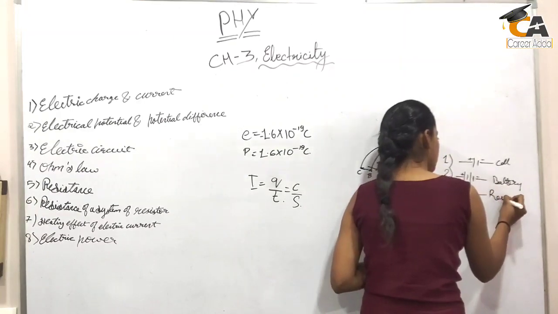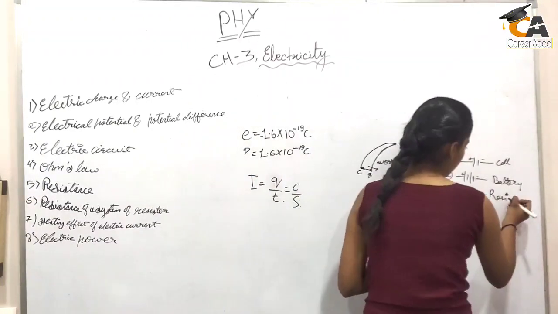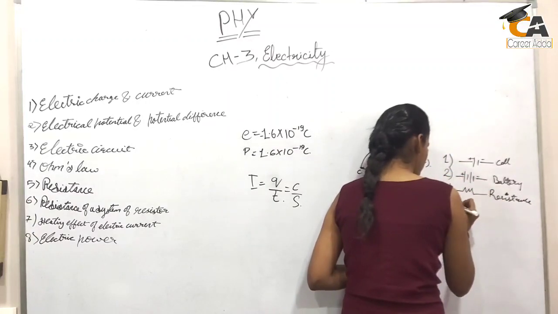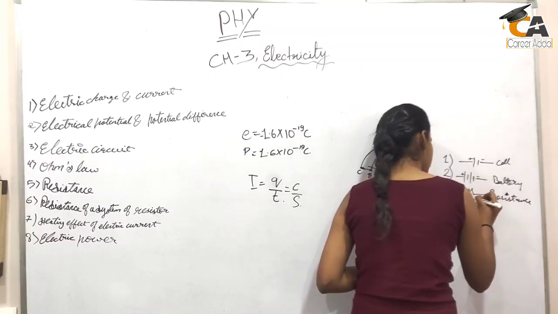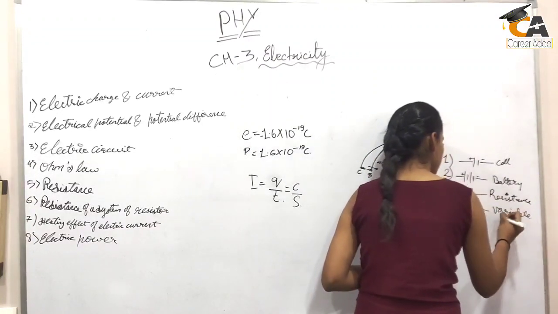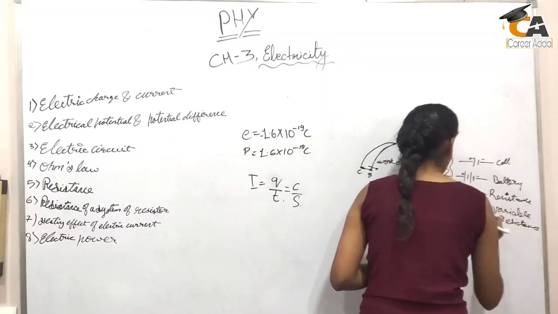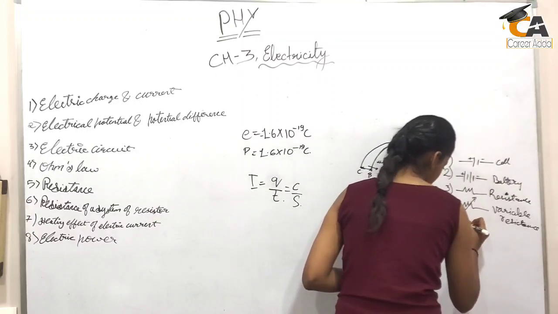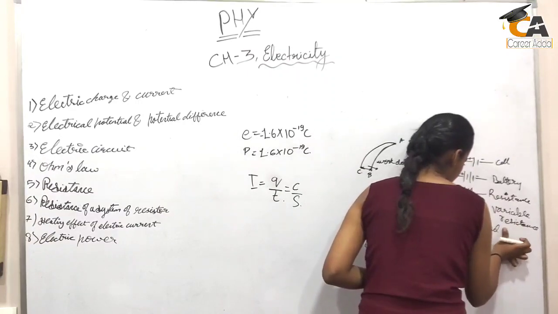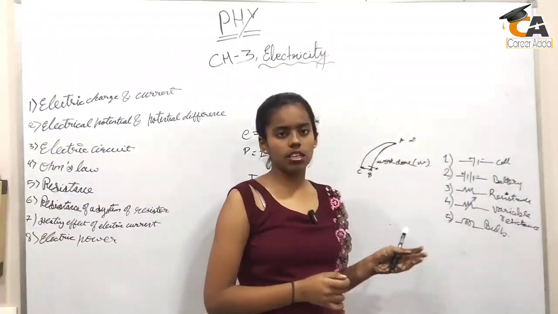This is a resistance, which we will see ahead in topic number 5. And this is variable resistance, and this is a bulb. These are some major components of a circuit.